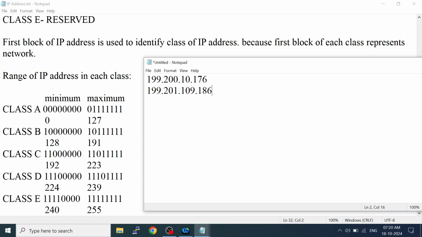Class C. In class C, how many blocks are network? Three blocks are network, we saw yesterday. Three block networks means we have to match three block values. If the three block values of both IP addresses are the same, then they are in the same network. If not, they are in different networks. So are they in the same network or a different network? Different network.